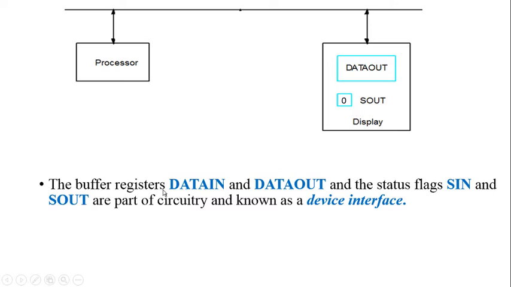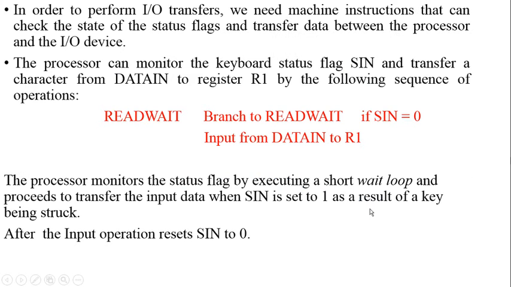The buffer registers data in and data out, and the status flags SIN and SOUT are part of circuitry and are together known as the device interface. Data in, data out registers and the status flags SIN and SOUT, all these units together are called the device interface.